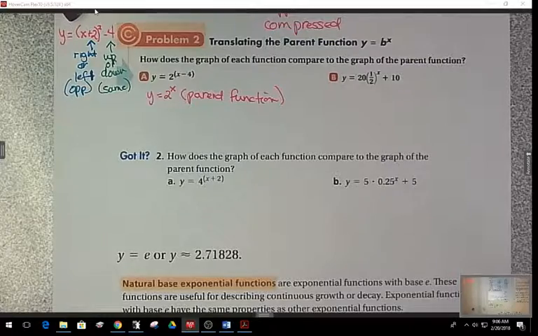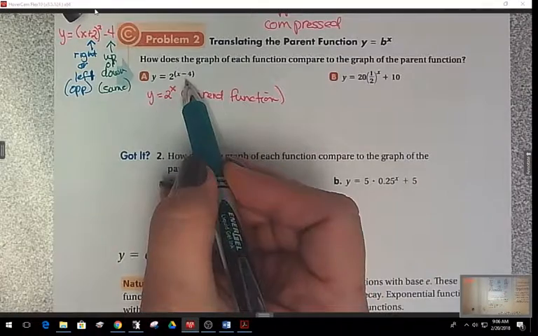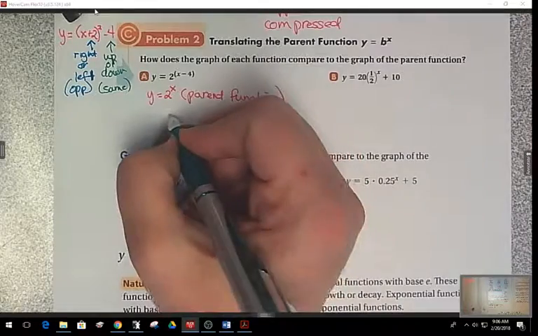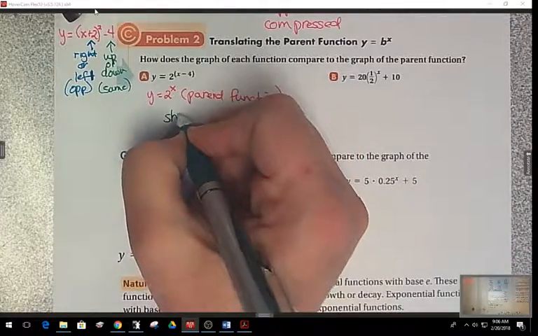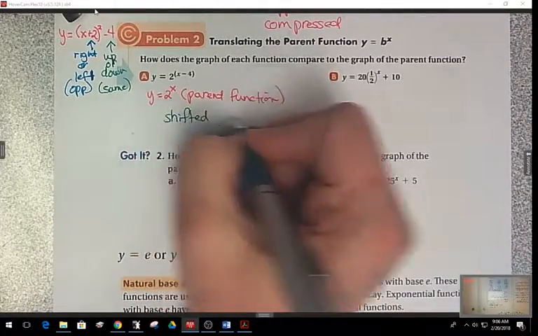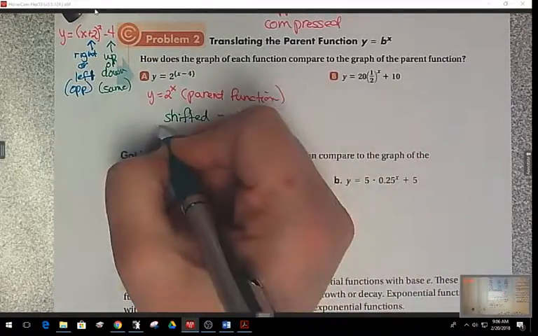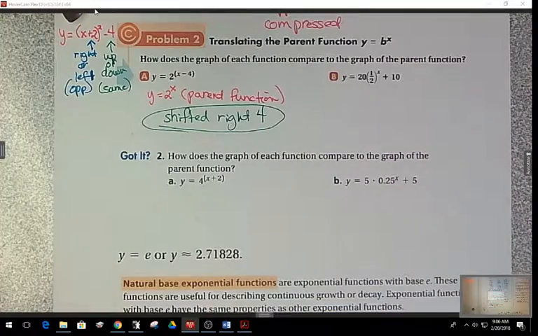Because it's in the parenthesis, that is going to be either a left or a right shift. Minus 4 makes you think left 4, but you have to do the opposite, so this one is going to be shifted right 4. And that's your answer.